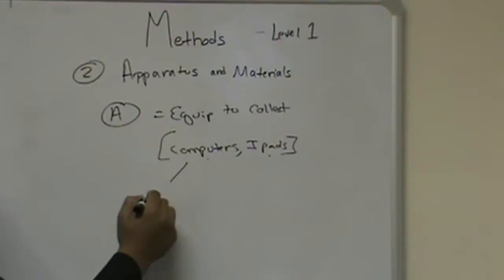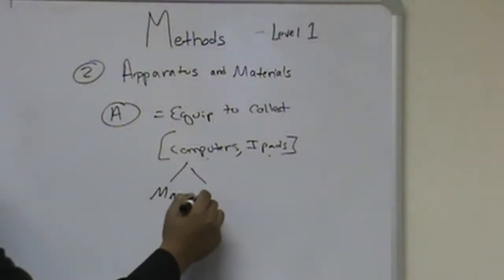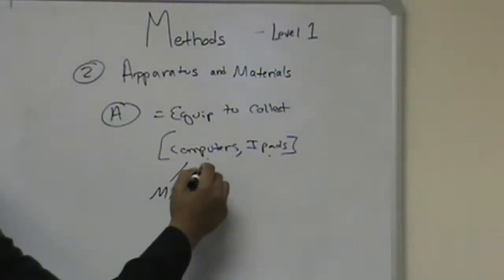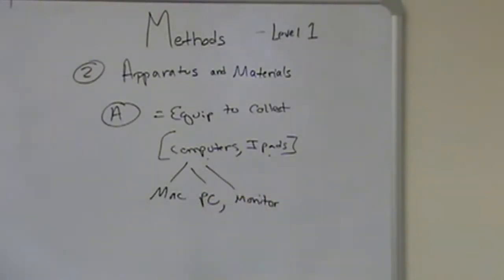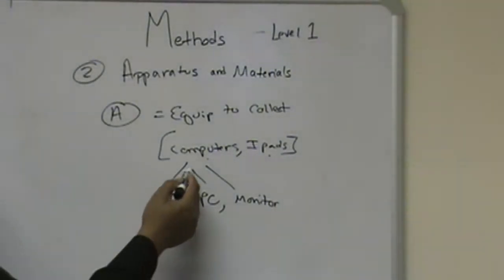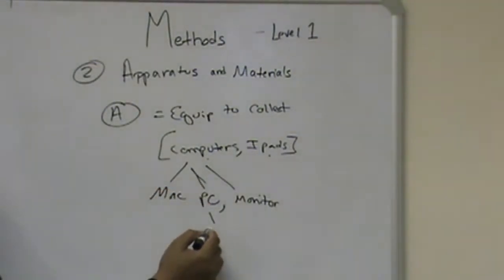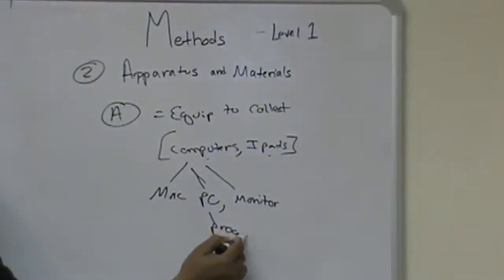I need to know, was it a Mac? Was it a PC? How big was the monitor? And so forth. When I did my dissertation, I went down to describe the PC with regard to the processor. I described the brand it was, and so forth.